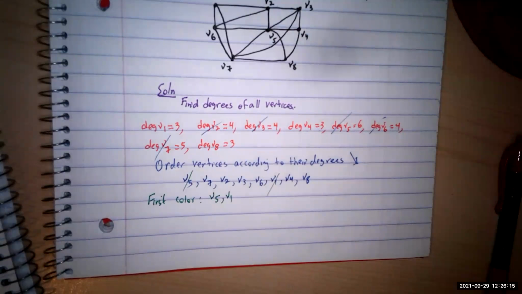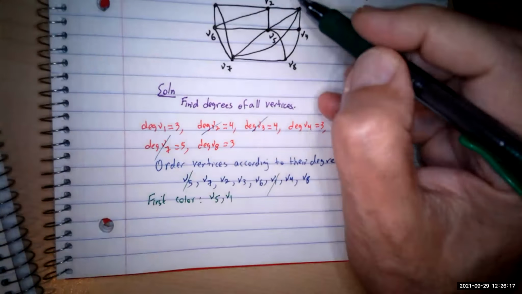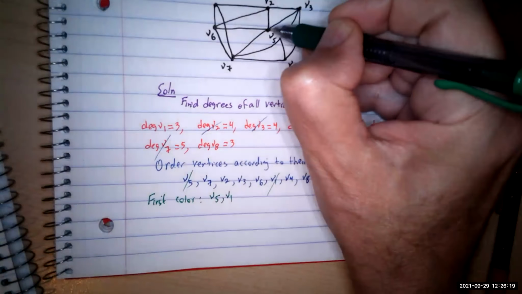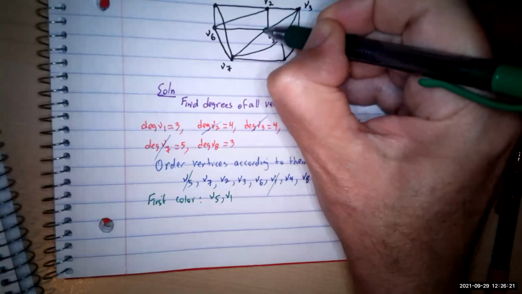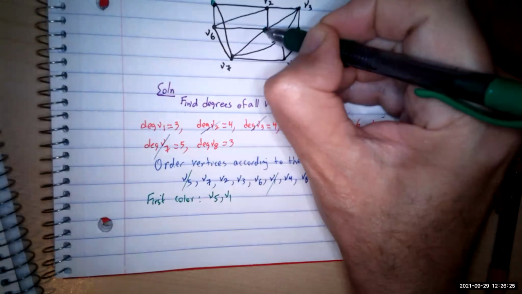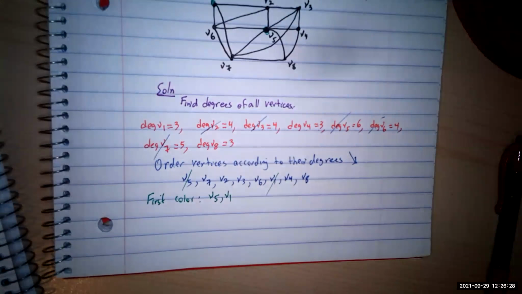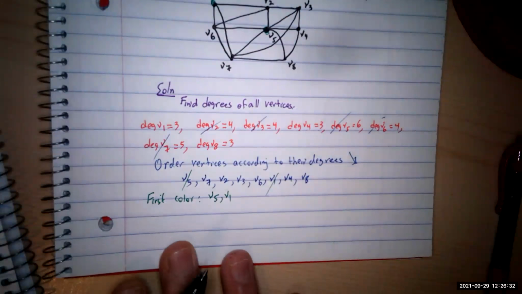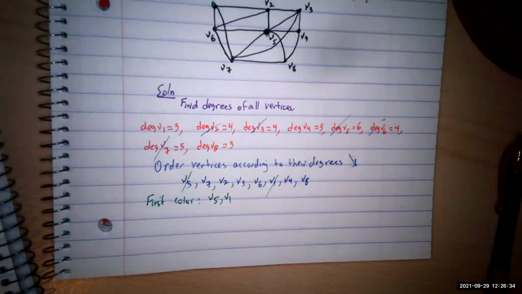So I can use the green color here so you can see it. I color the V5 and the V1. Any question? You cannot use this color to get more vertices, so you need a new one.